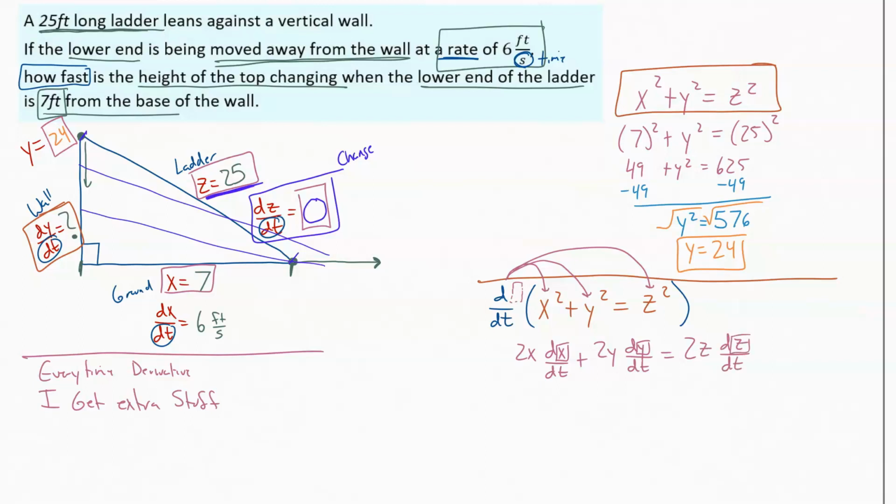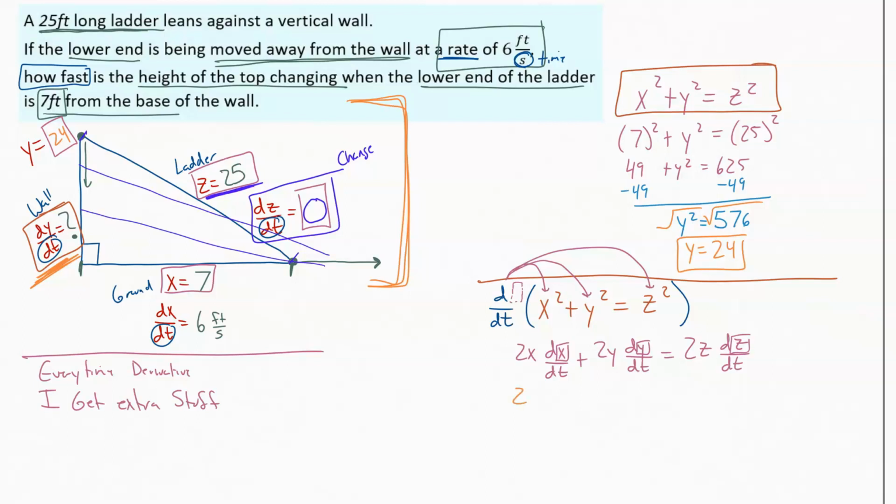Cool. So from here, the beautiful thing about related rates problems that are different than your standard implicit differentiation is at this point in the process, you have everything you need to plug into this equation to solve for your dy dt. So rather than having to do algebra with all these variables, you just start plugging in for everything.